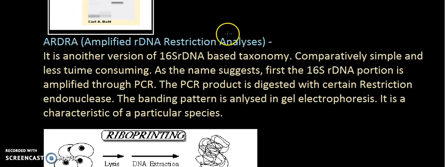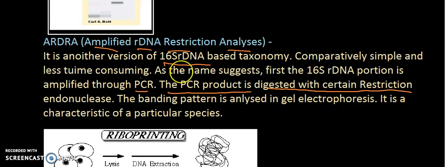There is another technique called ARDRA, Amplified rDNA Restriction Analysis. It simplifies the above experiment, ribotyping. In this case, the 16S rDNA is first amplified using a PCR technique. The PCR product that is obtained is then digested with a certain restriction endonuclease.